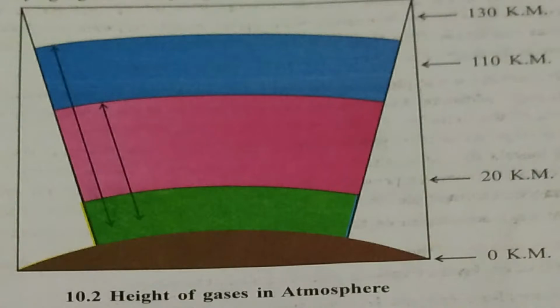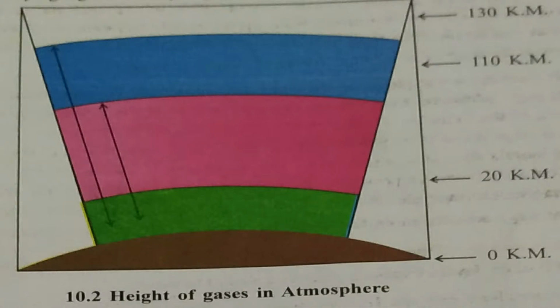Oxygen, carbon dioxide and nitrogen. For nitrogen you have how many? 130 kilometers. Then for oxygen you have how many, students? 110 kilometers. Then for carbon dioxide you have how many? 20 kilometers. So these three gases decrease as you go up towards higher altitudes.